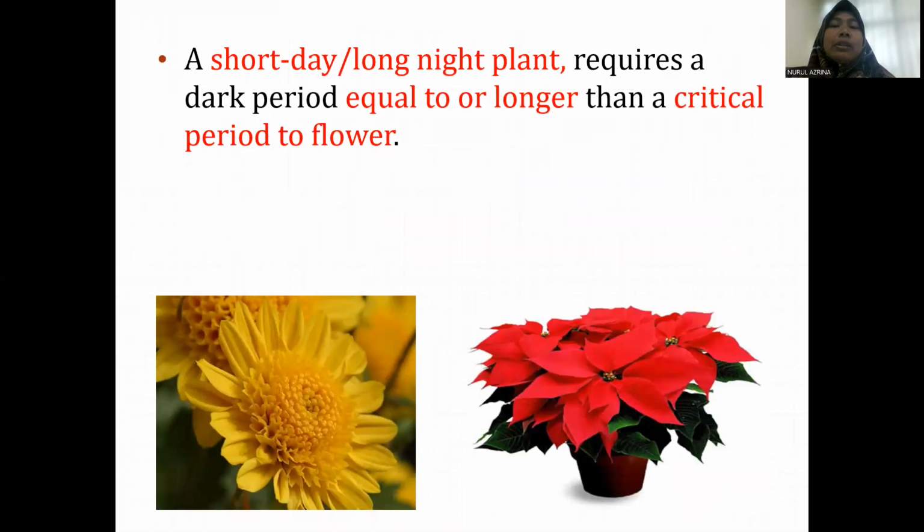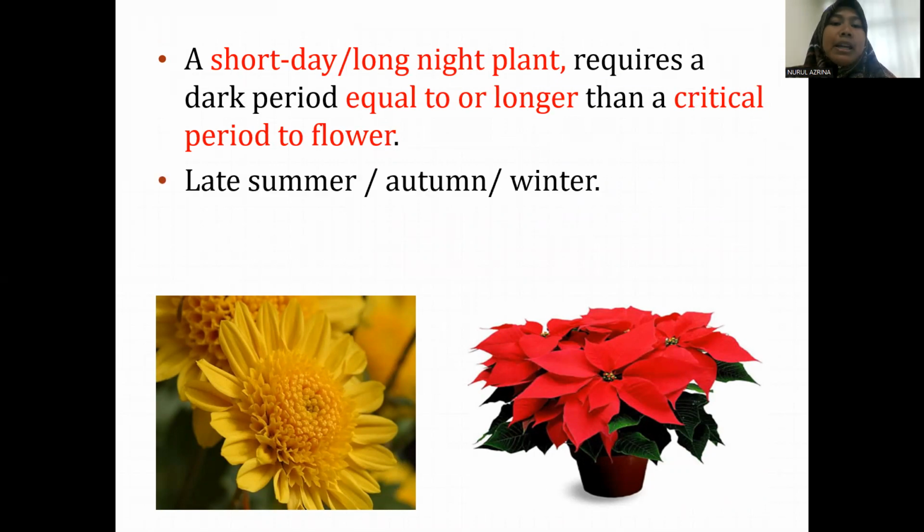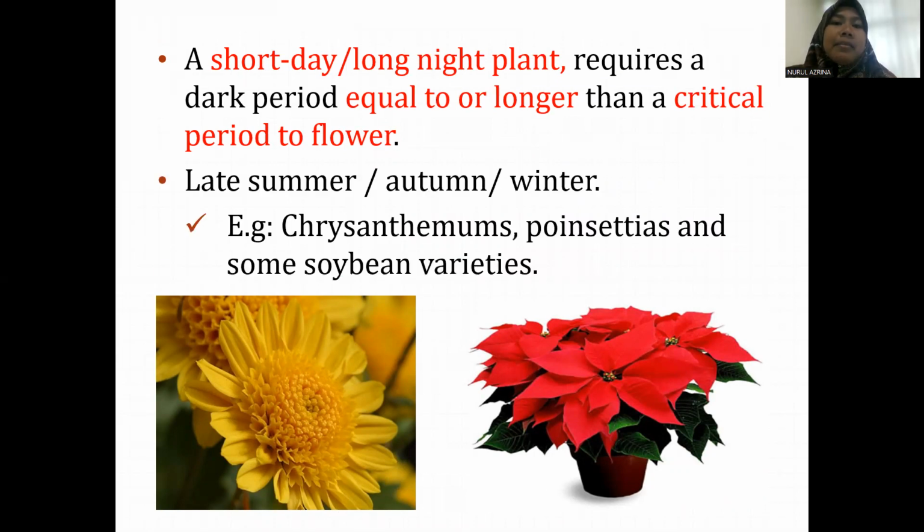Okay, so thus we have three or four different types of plants. Okay, the first one is short day plant or long night plant. Short day or long night plant. Okay, now I'm going to use this as my reference. Let's say I have a time frame of 24 hours.